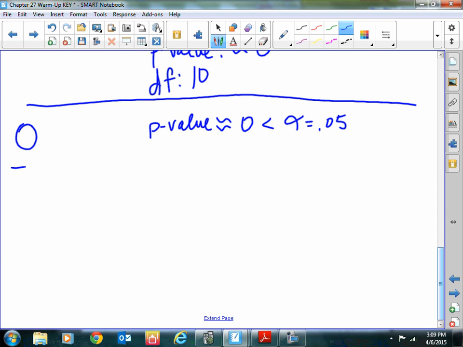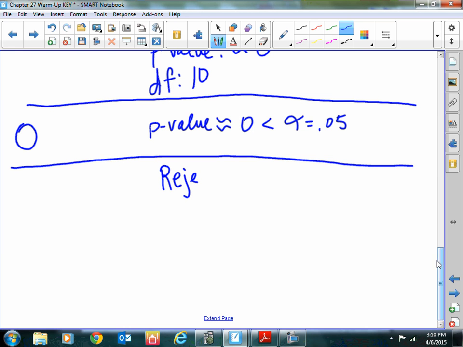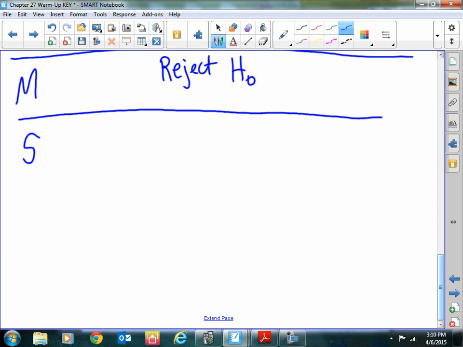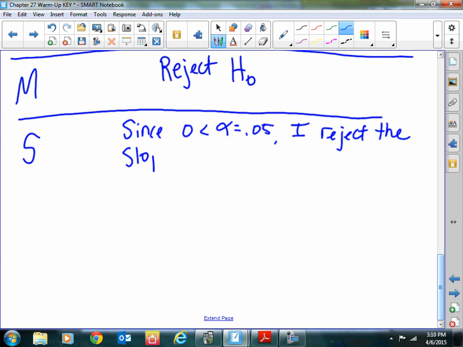And so now we're going to make a decision. My decision is to reject. If the p-value is low, we're going to reject that null hypothesis. And now I'm going to conclude. That was make a decision, and so here's my conclusion. Since 0 is less than alpha of 0.05, I reject the slope equaling 0.